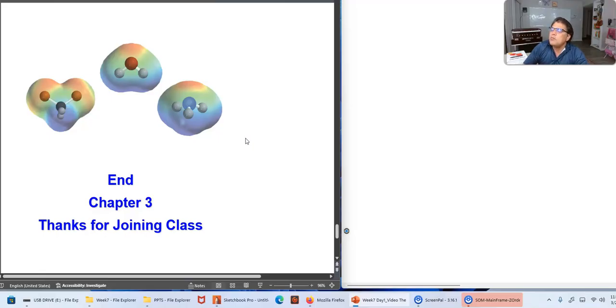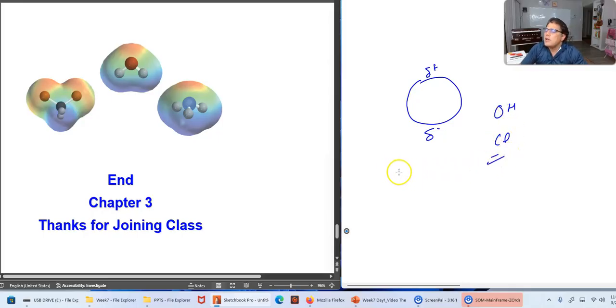Otherwise, if the bonds are polar and the molecule is not linear, the total resultant is not cancelled, so the molecule is polar. That means the molecule is polar if one region is partially positive and another is partially negative, especially if you have OH or chlorines involved.